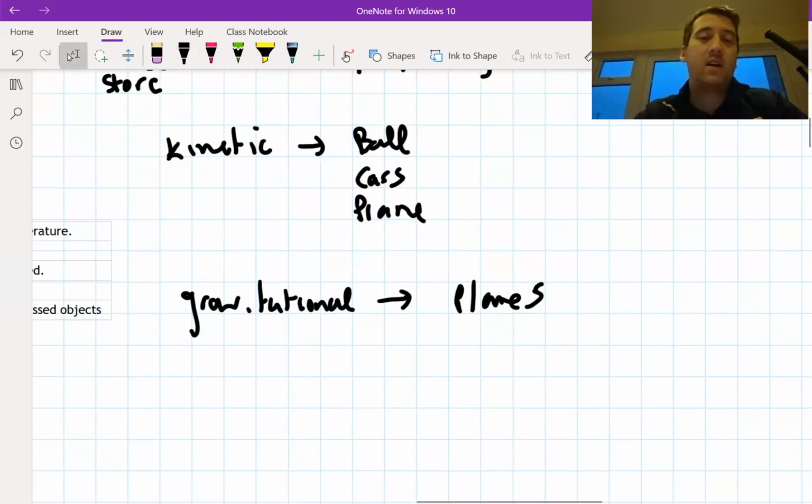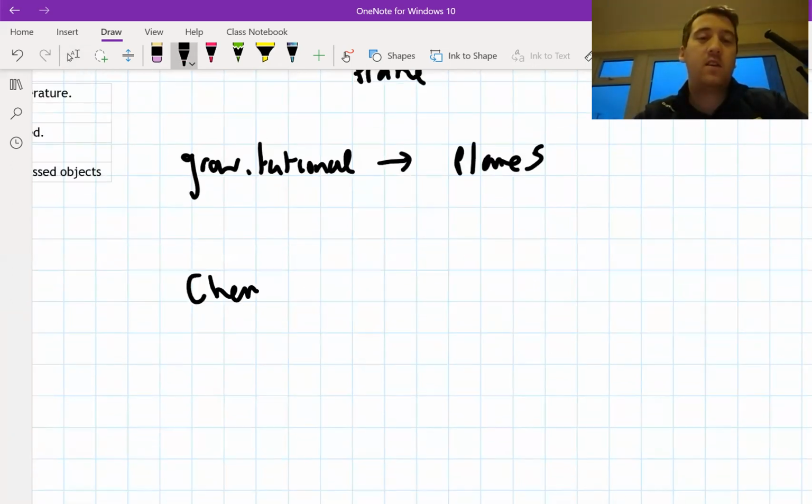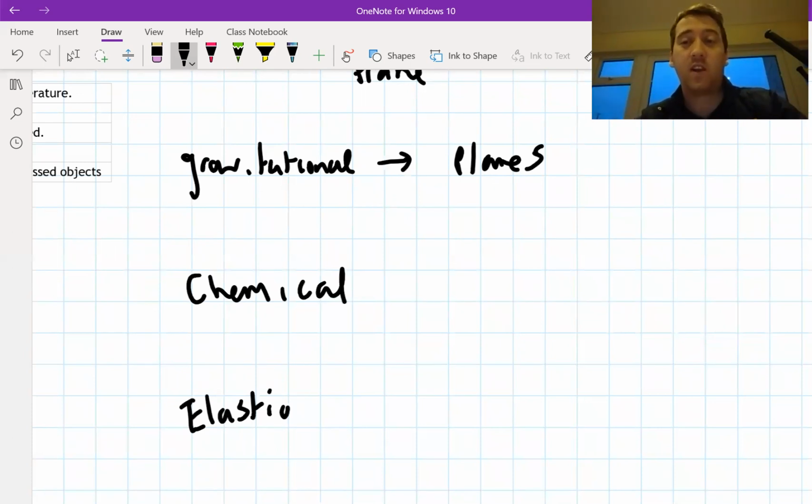The other 2 then are chemical and elastic. Hopefully you've already done these. If you haven't done these now, like I said, you should have already paused ages back and done these. Okay, so chemical are things like batteries, food, and fuels.